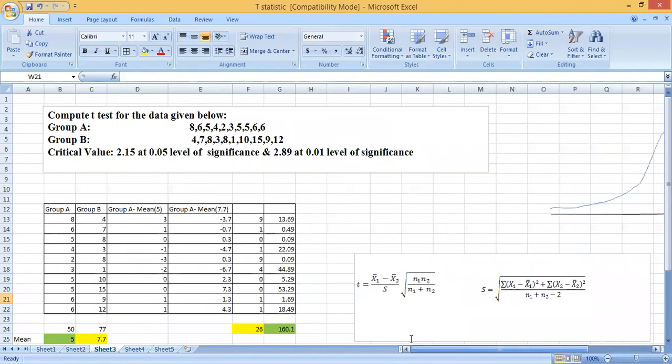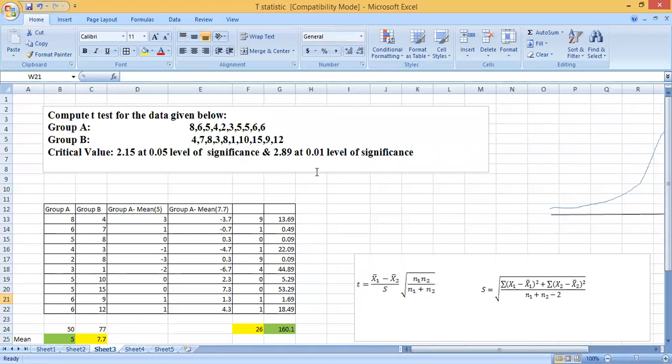In this problem it is asked to compute the t-test. So the value of the t-test is 1.88, and we have to accept the null hypothesis, because it is not significant at the 1% level as well as at the 5% level.